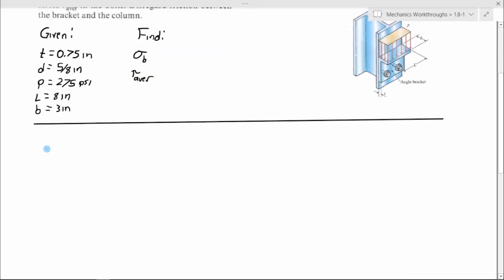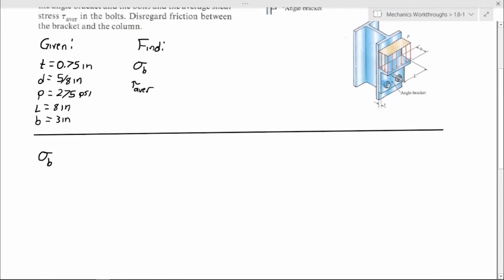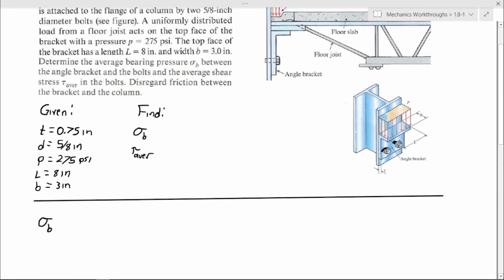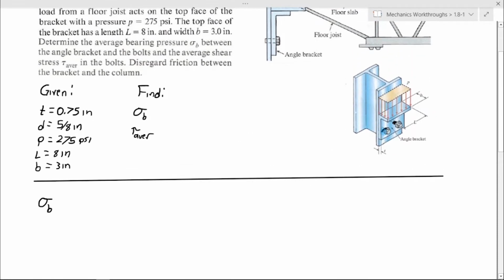And now we are ready to start the problem. So let's start with our bearing stress, sigma B, and this is the stress on the surface between the bolt and the bracket. So that is going to be acting on the top of the bolt since the bracket is pressing down on the bolt. And so we can think of this as a half cylinder that kind of goes around the bolt. And so we have our force acting over that area.